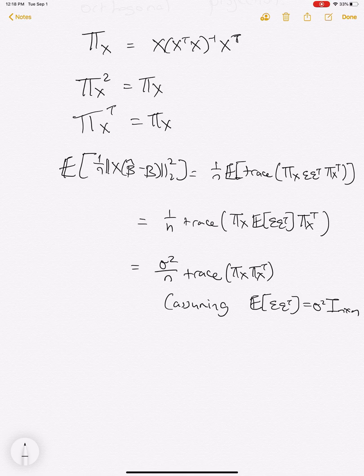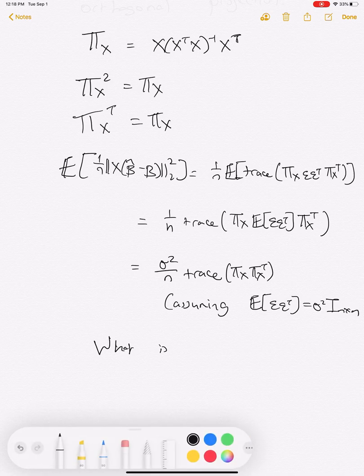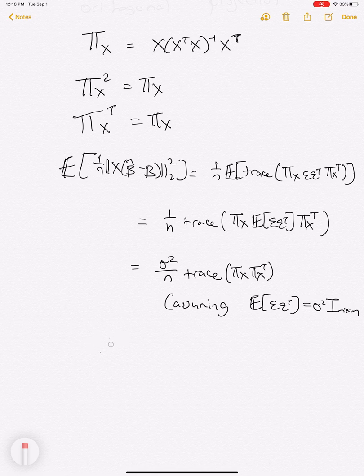And we can also further simplify because we have those nice properties of this orthogonal projection.